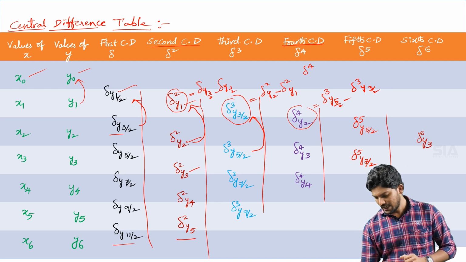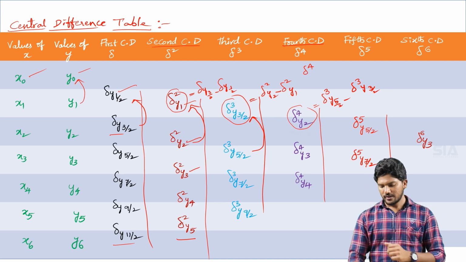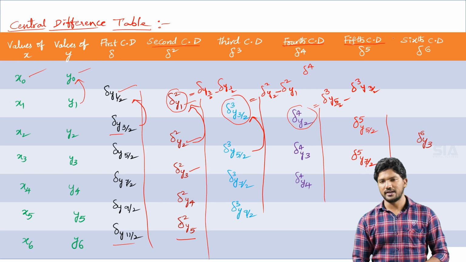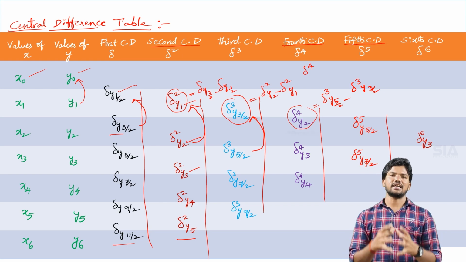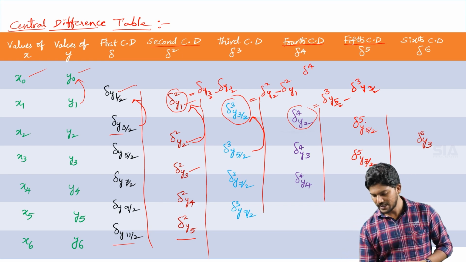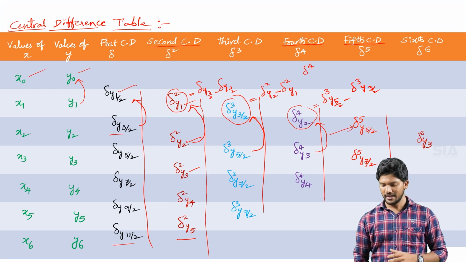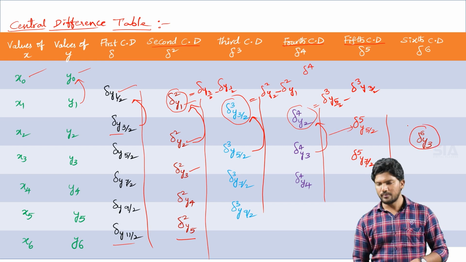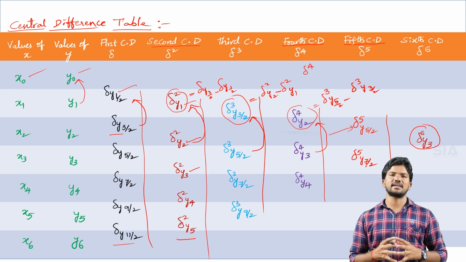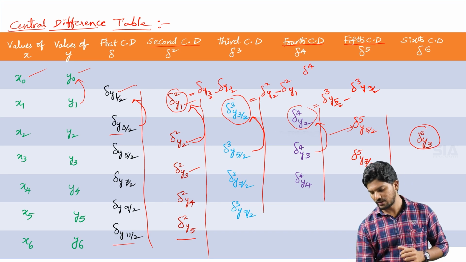Next, this column represents the fifth central difference operator, denoted by delta power 5, and its value is the subtraction of these two values. At the end of the table we have the sixth central difference operator, denoted by delta power 6.